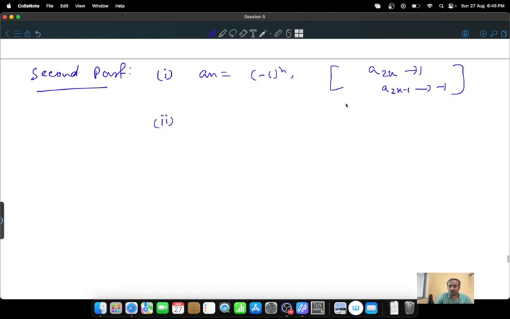So the first one, An does not converge to any L in R. And the second one, take 1 if n equals 2 to the power n, 0 otherwise, if it is not of the form 2 to the power n.